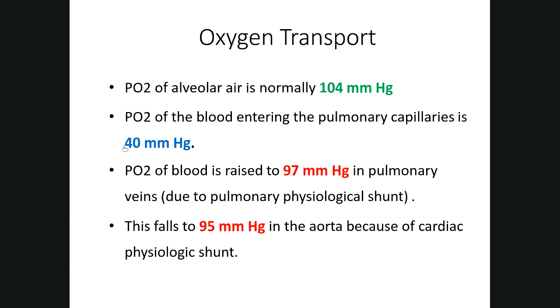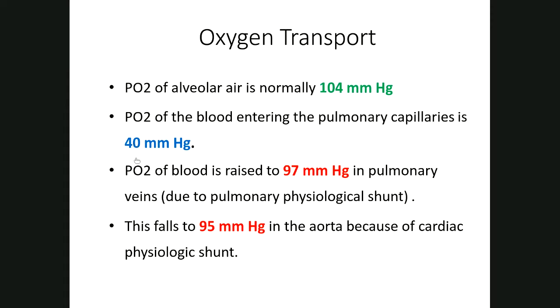Okay, so the PO2 in the arterial blood is around 90, and it will drop from 104. I will explain it. In the alveolar air it is 104, while the blood which is coming to the lung deoxygenated has a PO2 of 40.